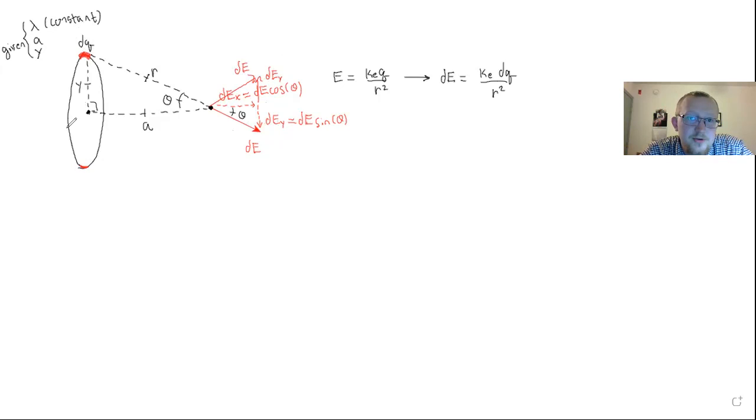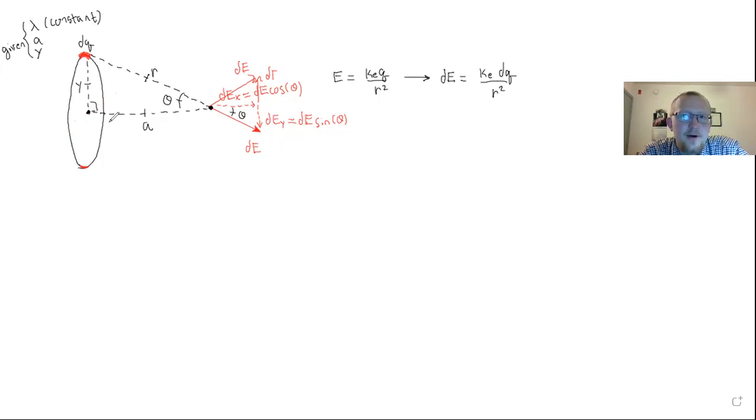And this is going to be true for every such dq on this ring of charge. There's going to be one. Basically, if you drew a line from that charge through the center of the circle to the other side of the circle, that bit of charge, its Y contribution to the E field is going to cancel this charge's Y contribution to the E field.